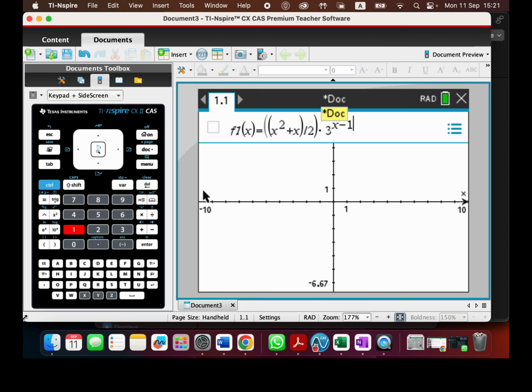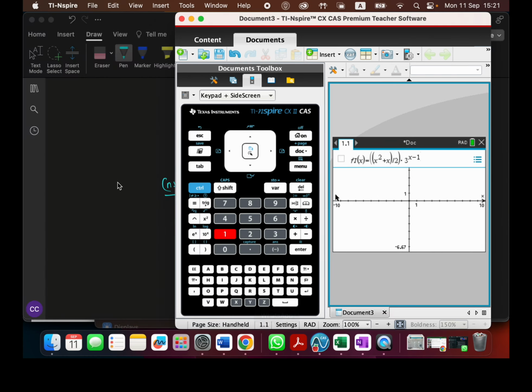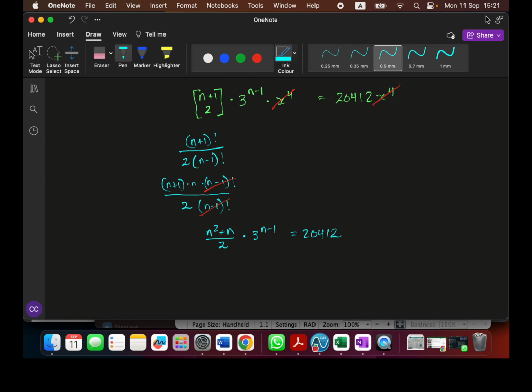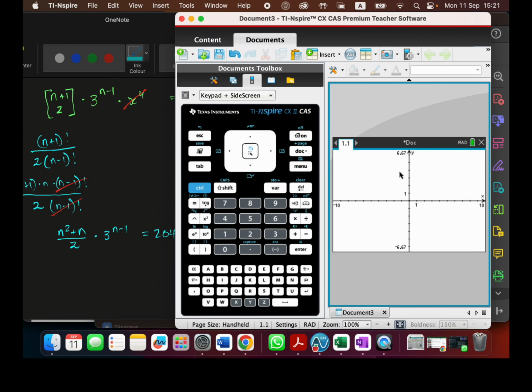Just got to make sure I got that right. Sometimes I will write things down wrong. Right, so that is this crazy function here.